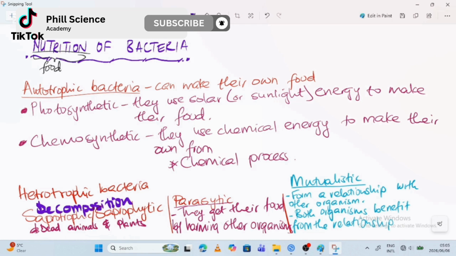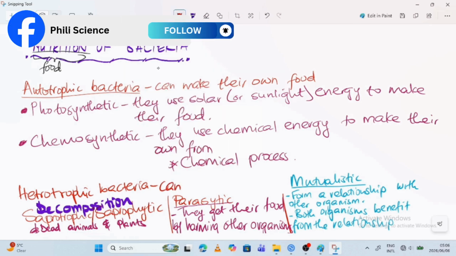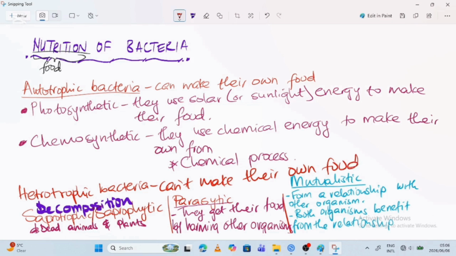And then we also have another type whereby these ones can't make their own food. Hence, they have to go and hunt their food. Like parasitic, this one they hunt, but they harm other organisms.